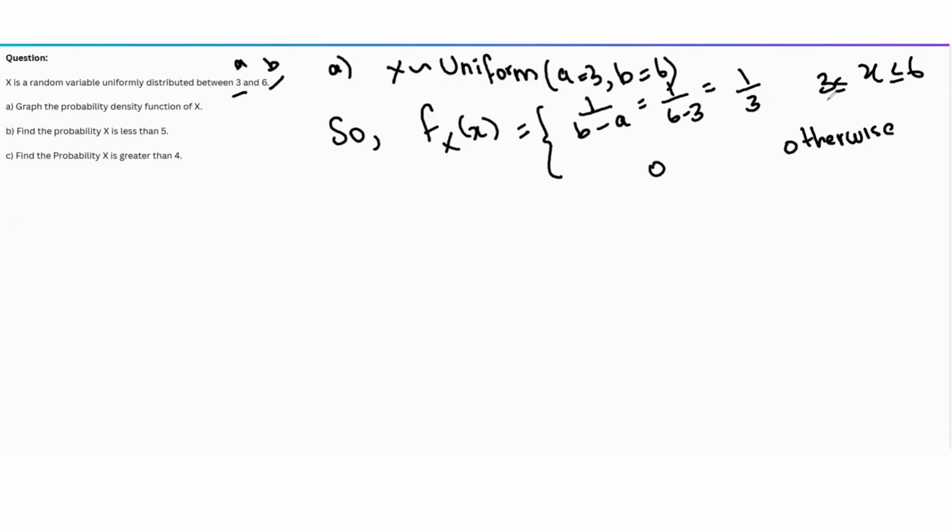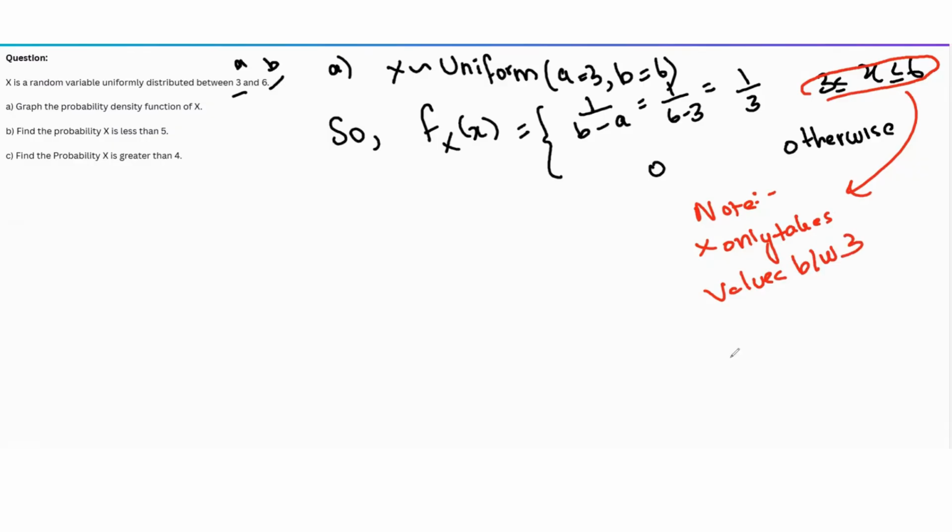Here's something important that we should keep in mind: x only takes values between 3 and 6, where the PDF is non-zero. Why is this important? Because wherever the PDF is 0, when you integrate the PDF over that interval to find the probability that x lies in it, you will get 0.